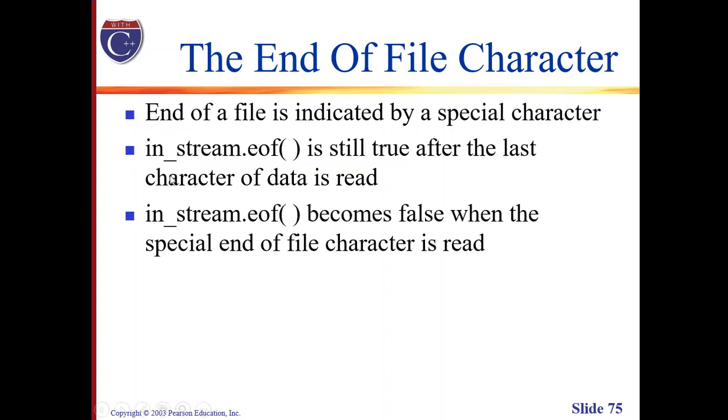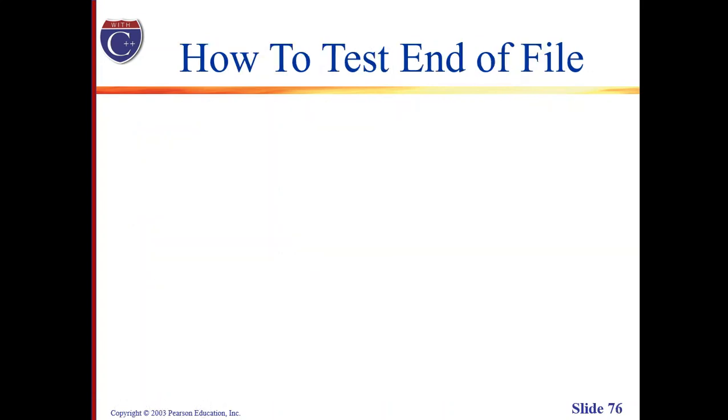For example, this statement is still true after the last character of data is read, because the end of file character is different. So we must first go past the last character in our input file until we reach the end of file character. It becomes false when the special end of file character is reached.